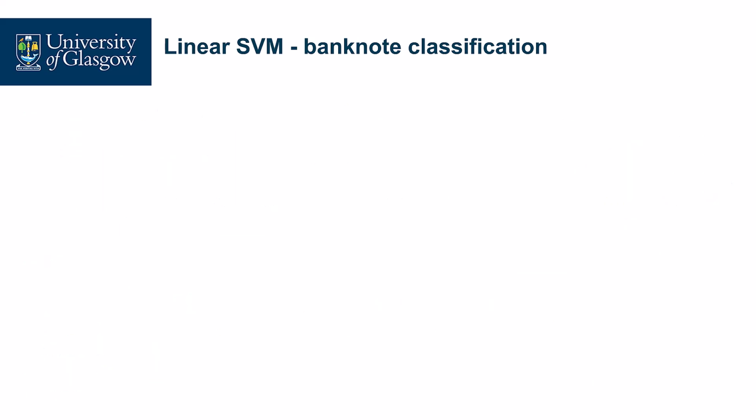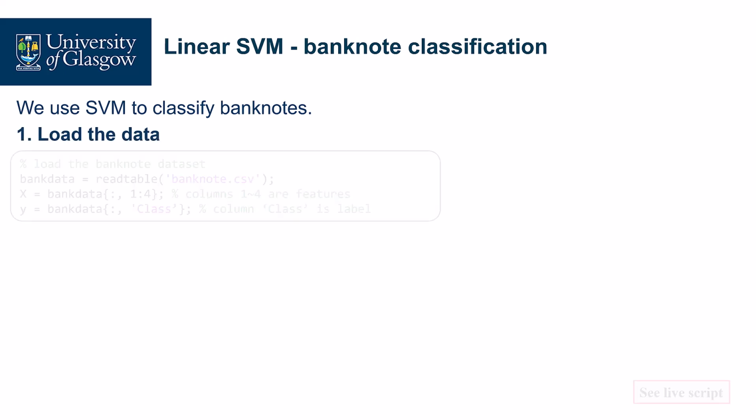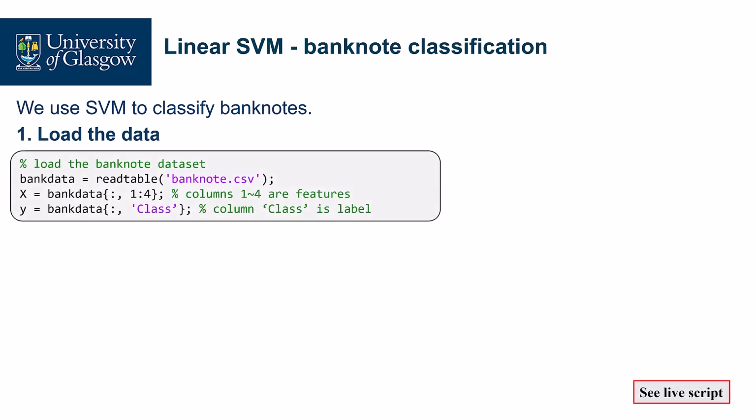So let's see how to do that. We first load the data. This data is a CSV file. We have covered this in the first course of this specialization, the MATLAB part. We know how to read a CSV file, put it into a table, and extract data from the table.